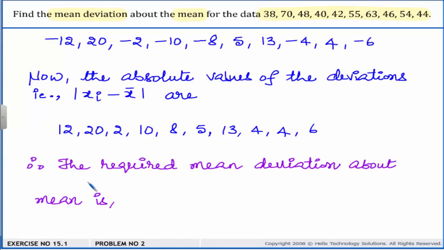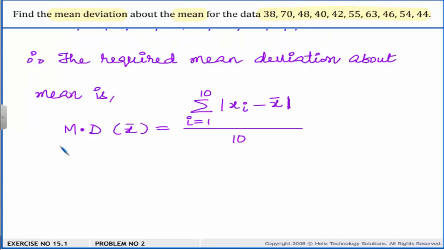Therefore, the required mean deviation about the mean is mean deviation about x bar is equal to summation modulus of xi minus x bar, where i is equal to 1 to 10, upon 10.